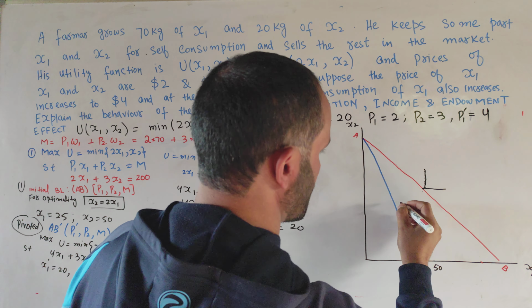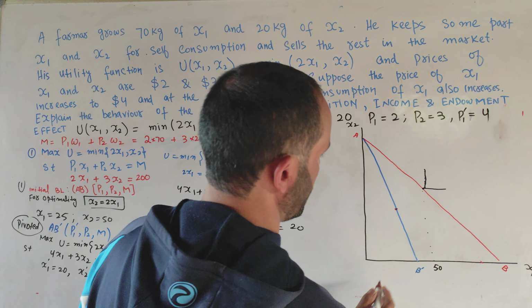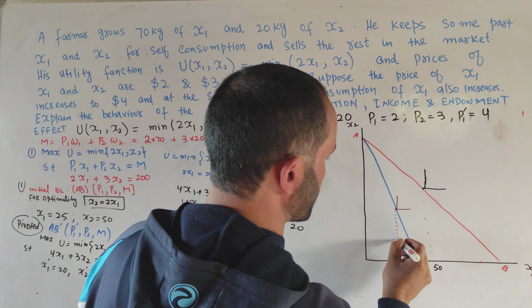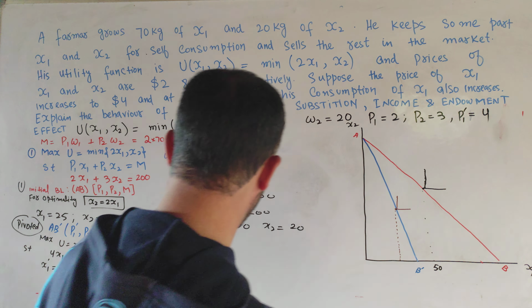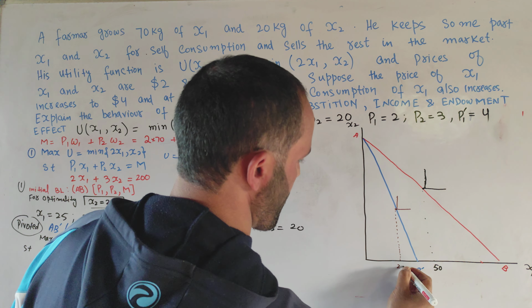So let us say it is somewhere here at this point. At this point let us draw the indifference curve which is L-shaped. So quantity of good x1 has decreased to 20. Okay, so it is our x prime here.